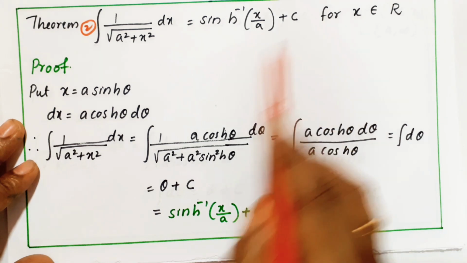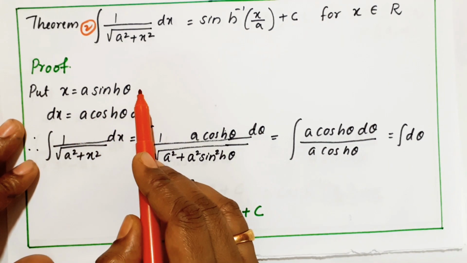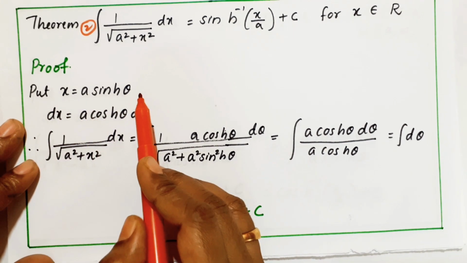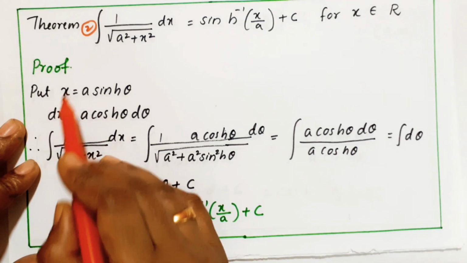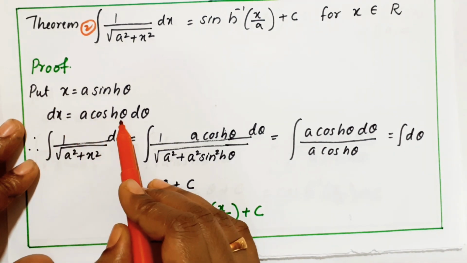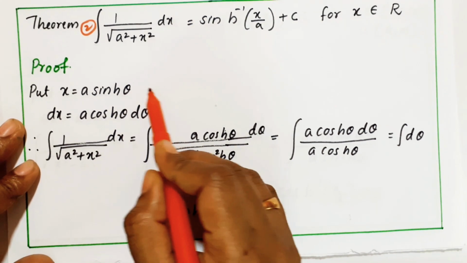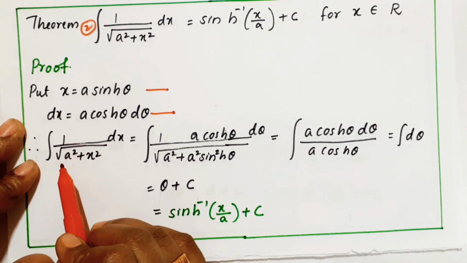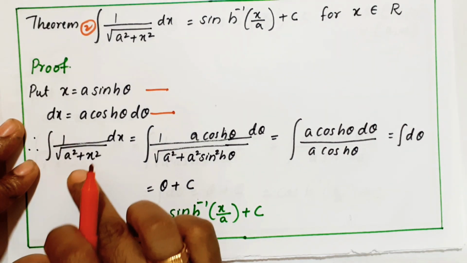So here we are substituting x equals a sinh theta. X equals a sinh theta. So what is dx? Differentiating both the left side and right side, dx equals a cosh theta d theta. Now we are substituting these two values in our question, that is the integral of 1 by root over a square plus x square.